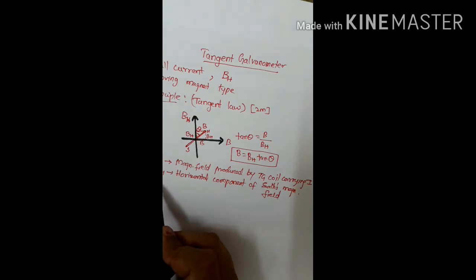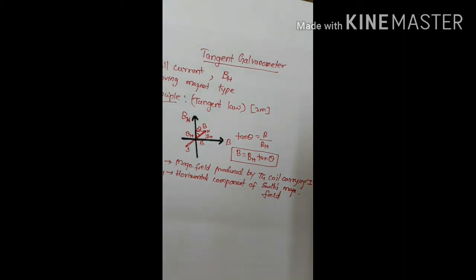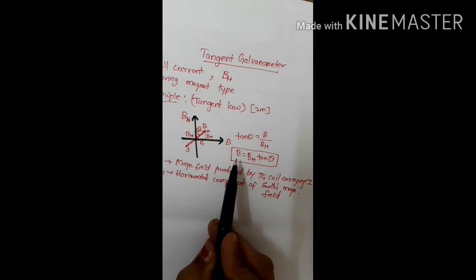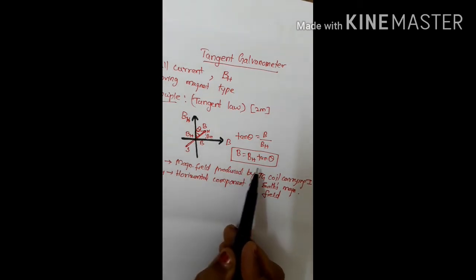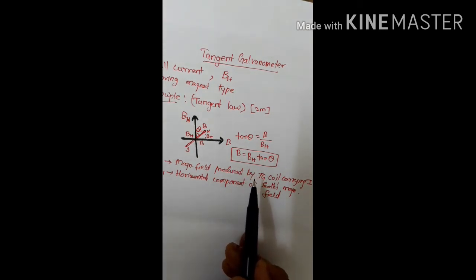It is the imaginary line connecting the north and the south magnetic pole of the Earth. Only in the magnetic meridian direction does the horizontal component of Earth's magnetic field lie, right? Remember this tangent law expression, B is equal to BH tan theta.